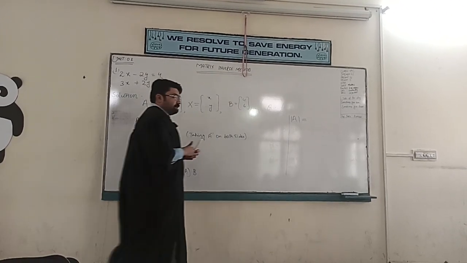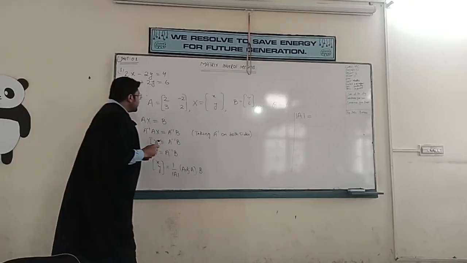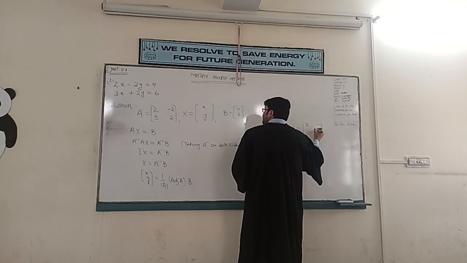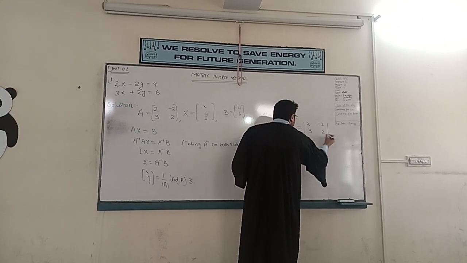Determinant of A. Okay, the matrix will become 3, minus 2, 3, 2.